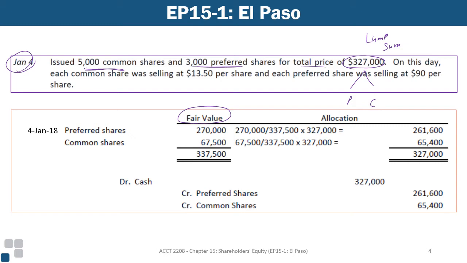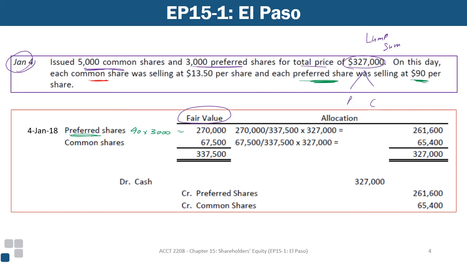So let's start with the preferred shares. At January 4th, when this transaction took place, each preferred share was selling at $90. So if I take $90 times 3,000 preferred shares, that gives me a fair value of $270,000.